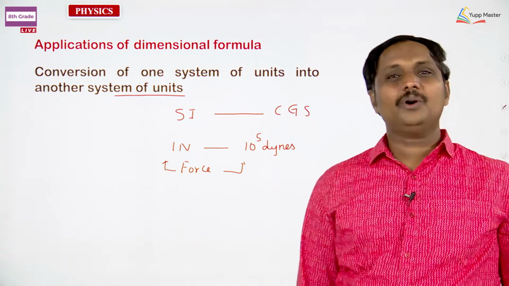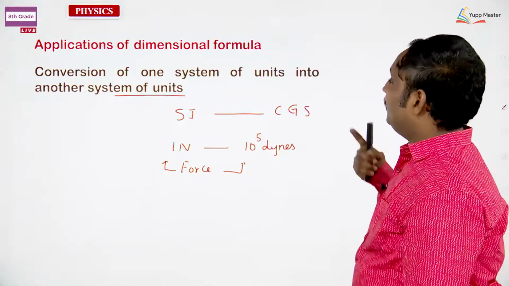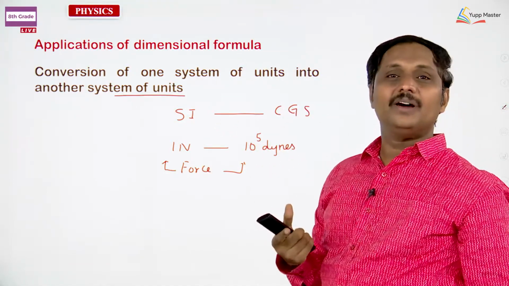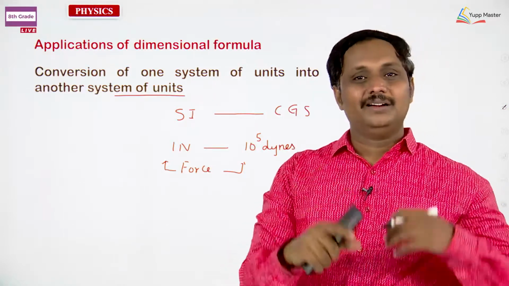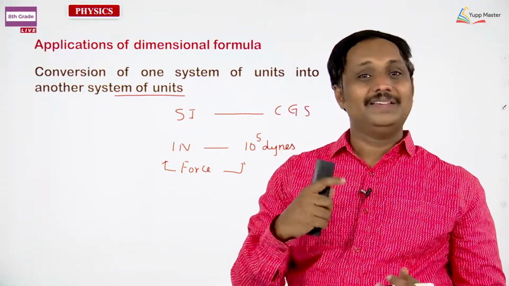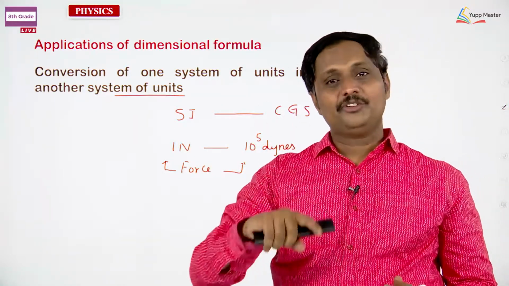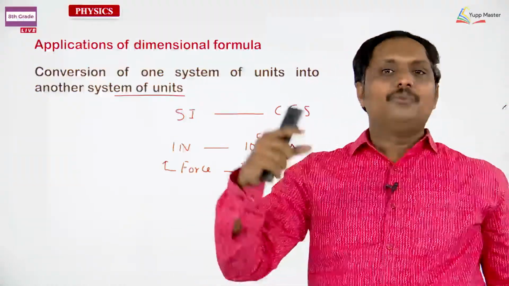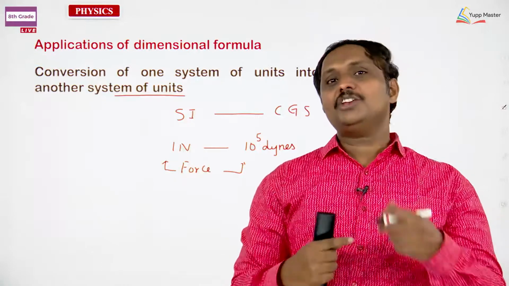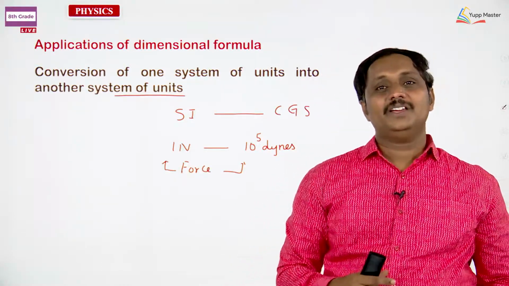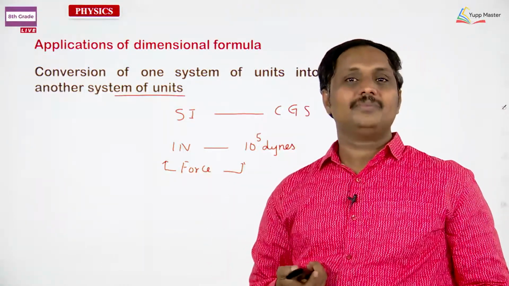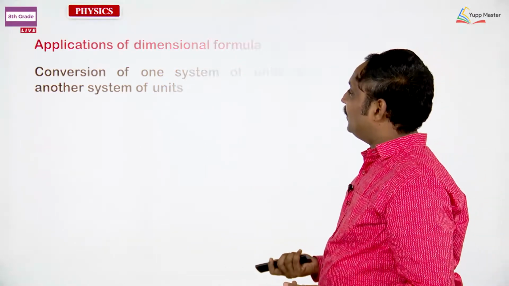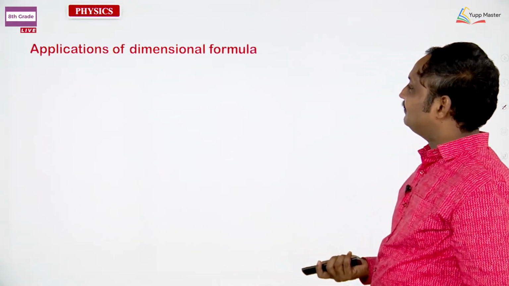Now you can confirm the system of units is related to the dimensional formulas. Easily we can convert them from one system to another. If you have measured density in one system, can you easily express that density in another system? Very clearly it is possible, but you have to know that formula.